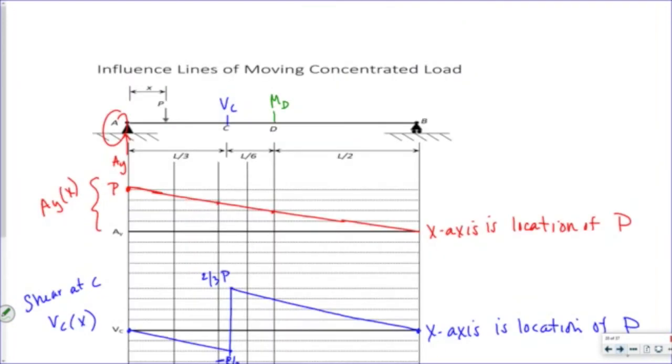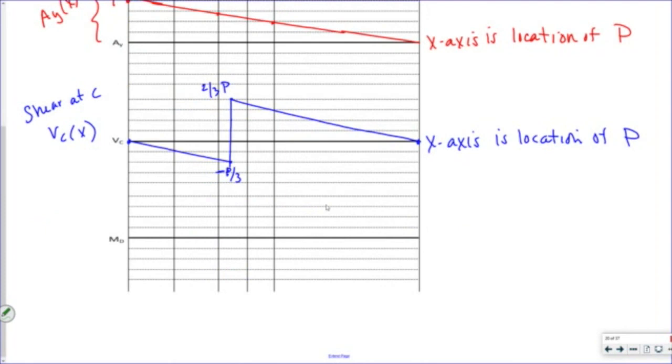Right at the middle, I have PL/4. At the ends, I have 0. Alright, let's pretend that goes to 0.